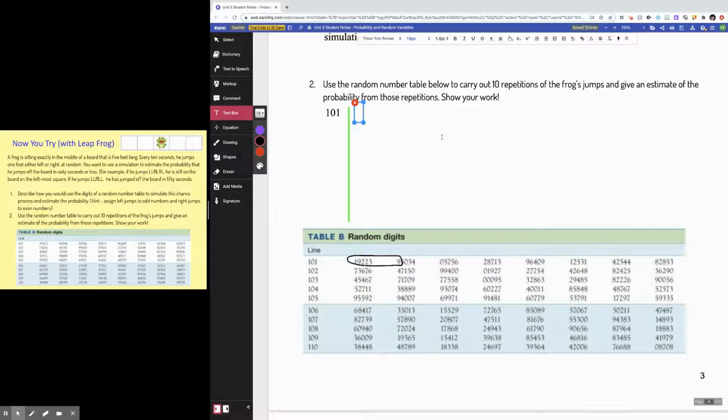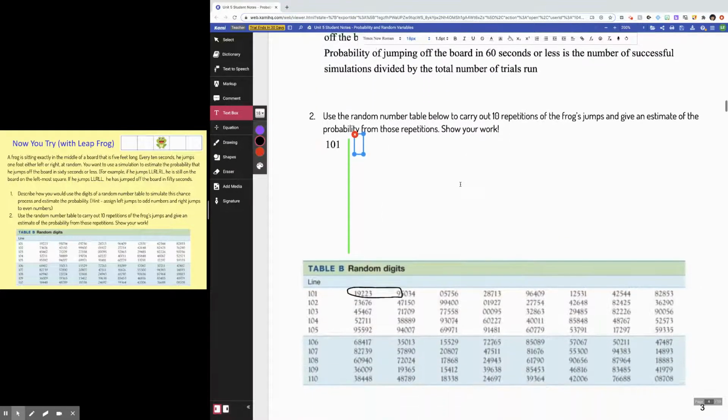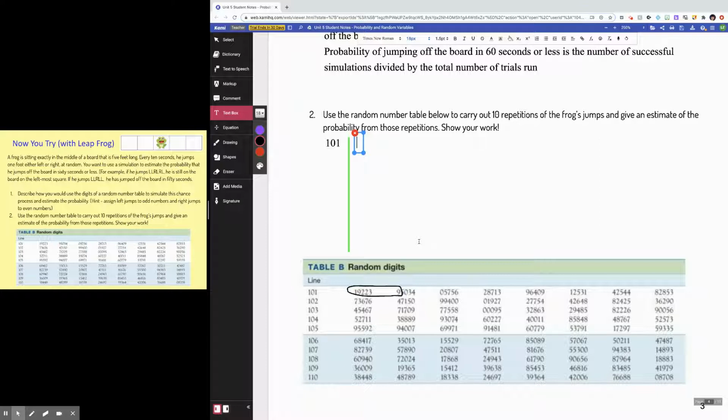Is he jumping left or right? Remember, the odd numbers were left jumps. So here he went left, left. He's still on the board.